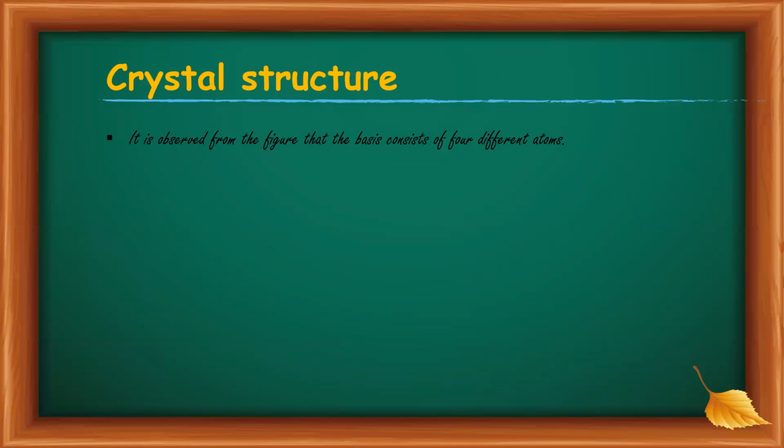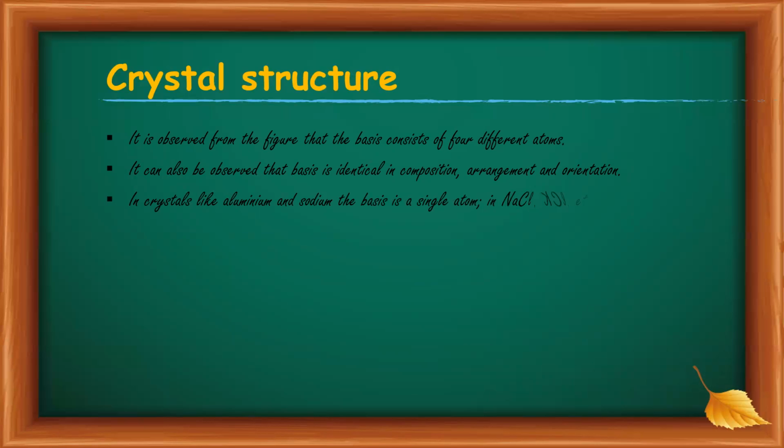It is observed from the figure that the basis consists of 4 different atoms. It can also be observed that the basis is identical in composition, arrangement, and orientation. In crystals like aluminum and sodium, the basis is a single atom.